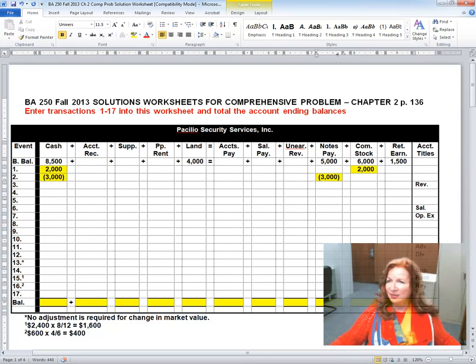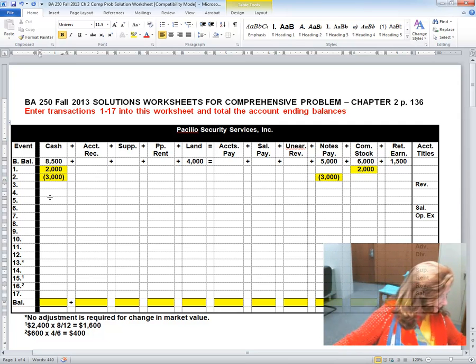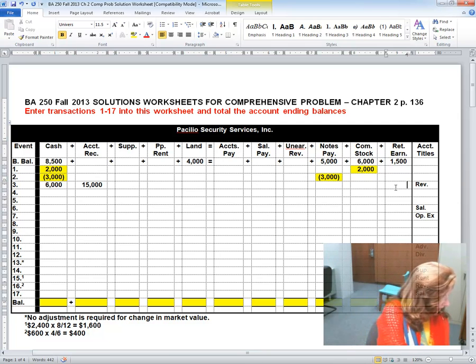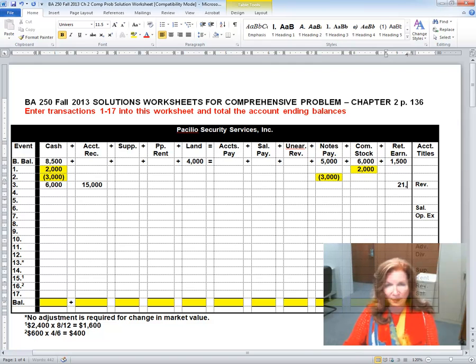So now over here for item 3 we have $6,000 under cash, and we have $15,000 under accounts receivable, but under revenue we have the entire $21,000 in the revenues, and so that is transaction 3. Transaction 3: revenues went up by $21,000.